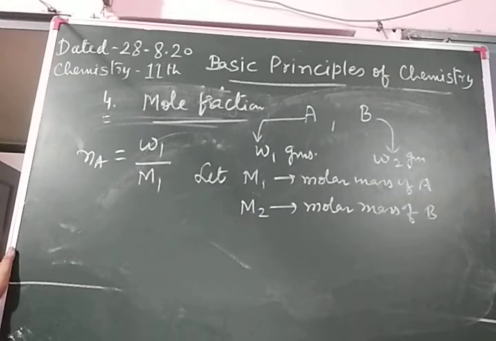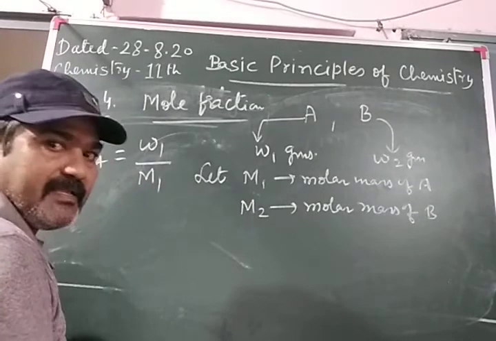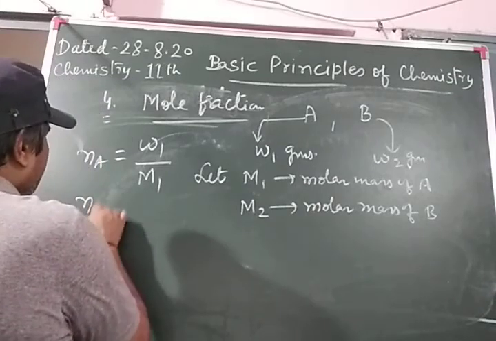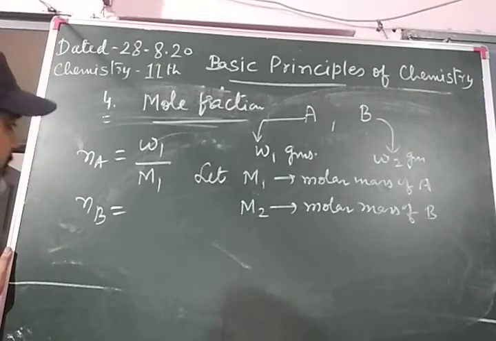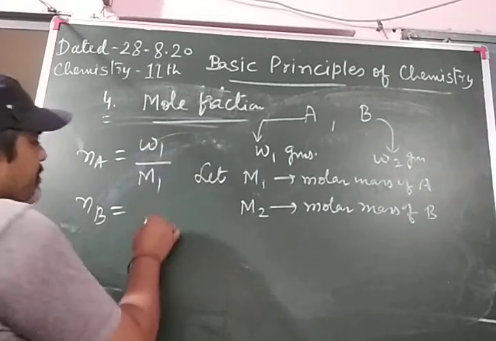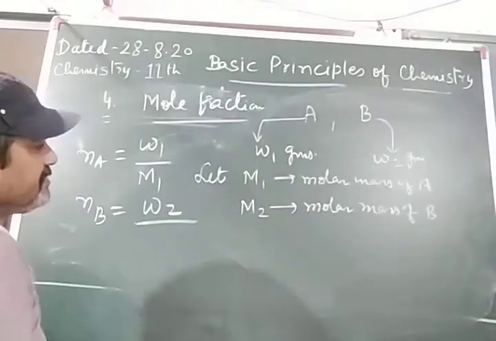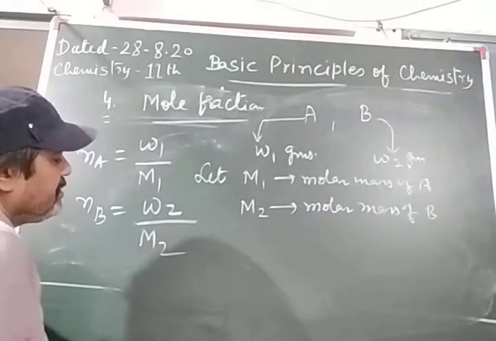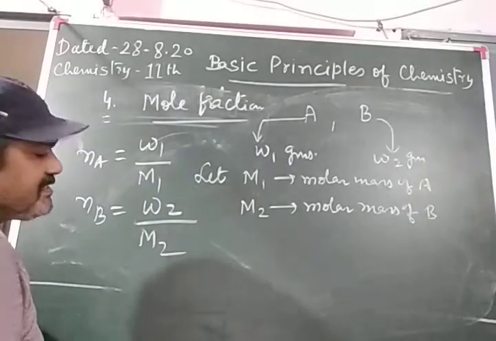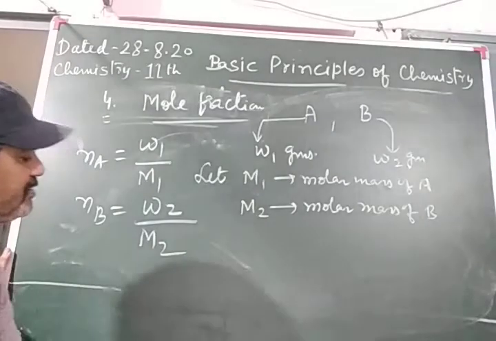This is the value of number of moles of A. Clear? Similarly, Nb, which is the number of moles of B, is equal to the mass of B, that is W2 gram, divided by the molar mass of B, that is M2. So Nb equal to W2 upon M2.